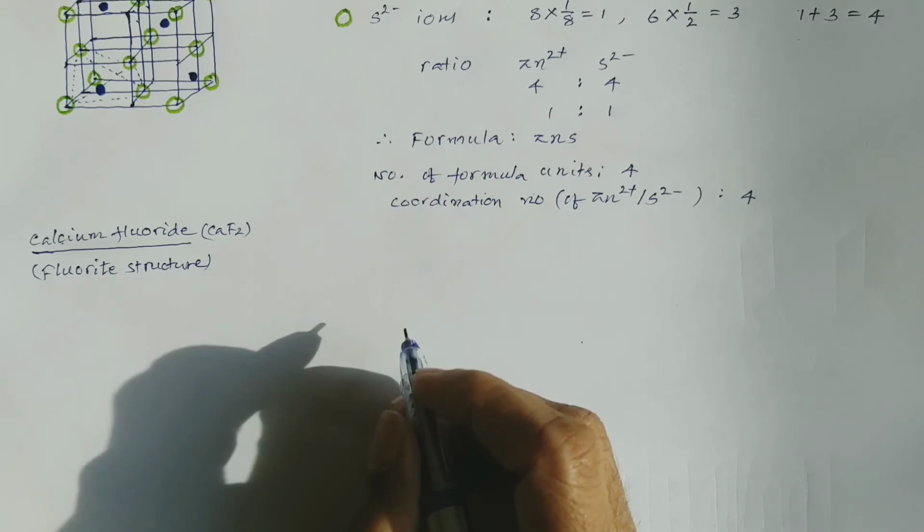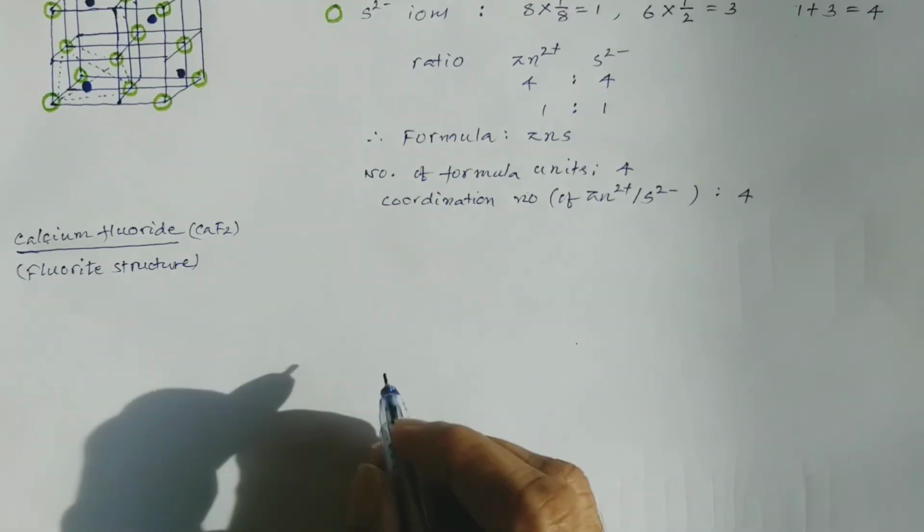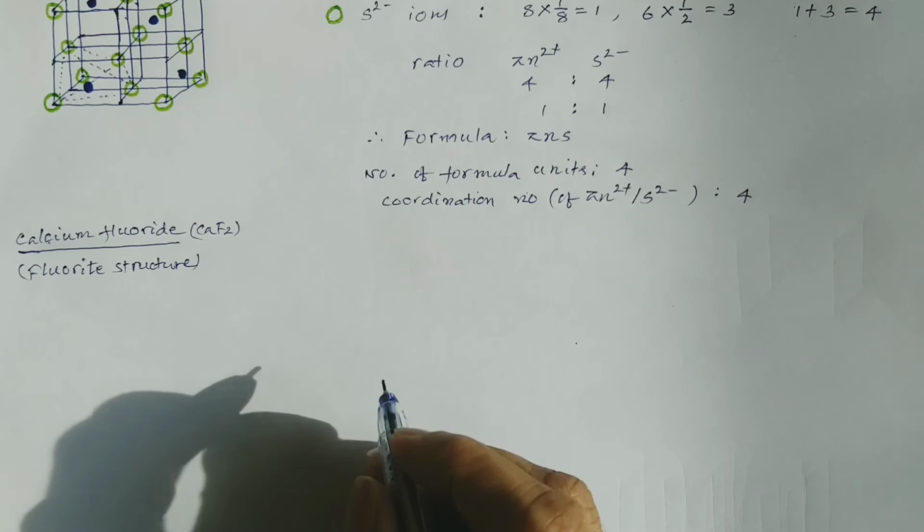Okay, it is against the normal crystal structures, because normally the larger anions will form the crystal lattice, whereas the cations will occupy the voids. But here the cations are larger, so that is why they'll form the lattice, and the fluoride ions, they occupy the tetrahedral voids.